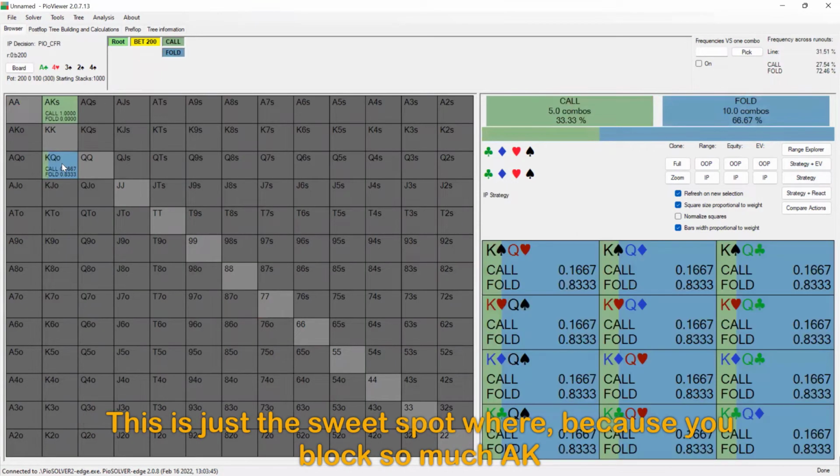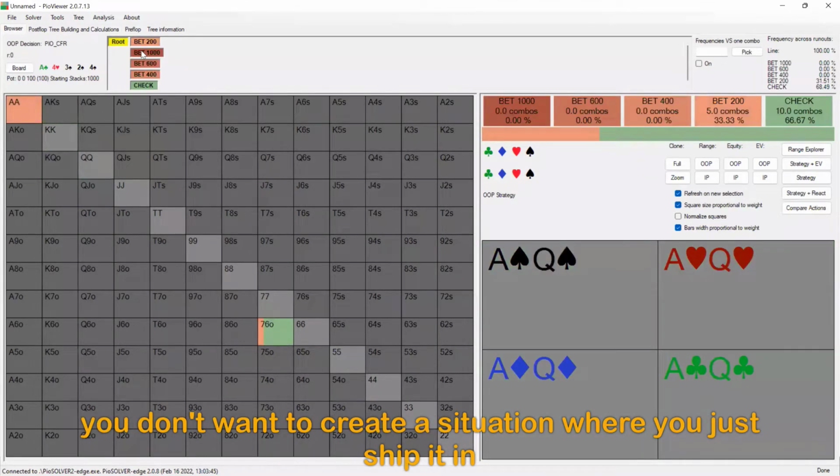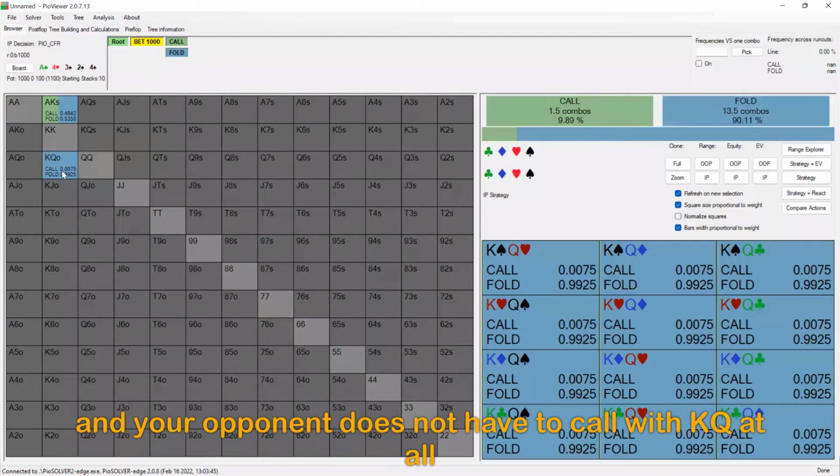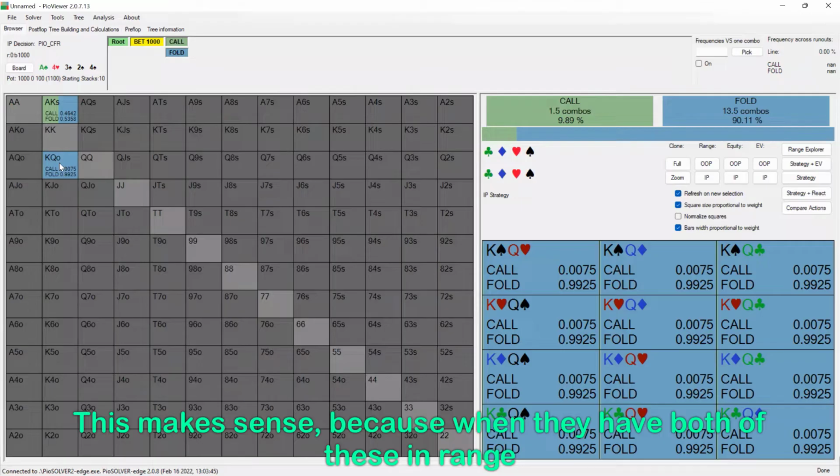I'm just curious. I think this is the sweet spot, because you block so much of the ace king, you don't want to create a situation where you just ship it in and your opponent does not have to call with king queen at all. It's just a little bit more efficient to pick a size that can force them to call with some king queen.